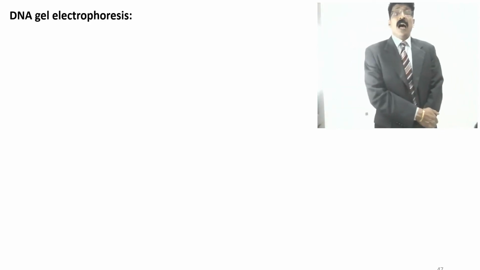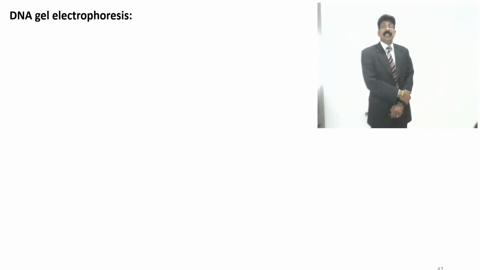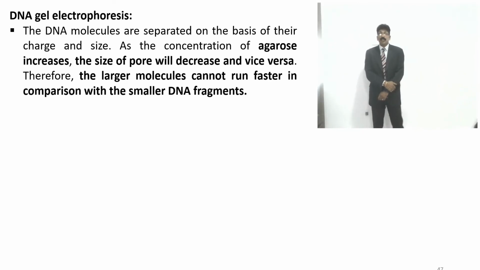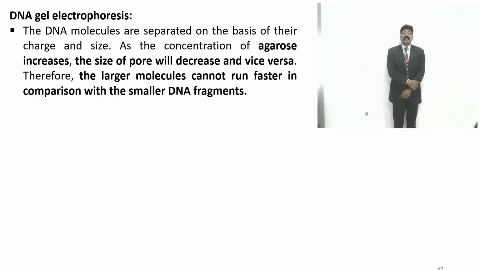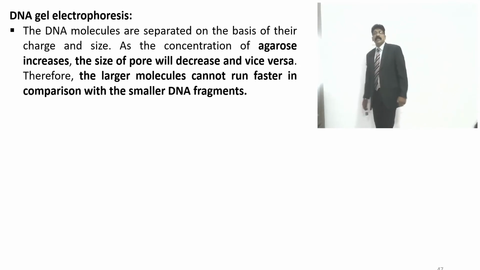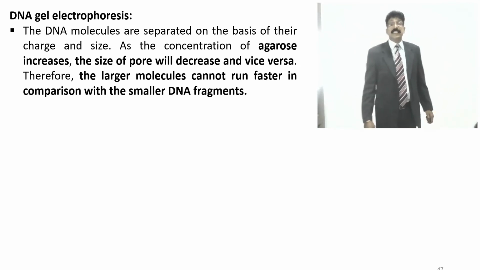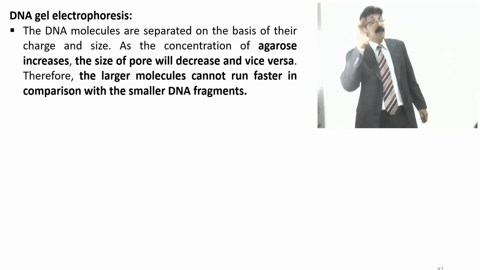So DNA fingerprinting also has a major role in herbal standardization, and this uses DNA gel electrophoresis. This is an electrophoresis method for DNA. The DNA molecules are separated on the basis of their charge and size. You have to remember that DNA is negatively charged.